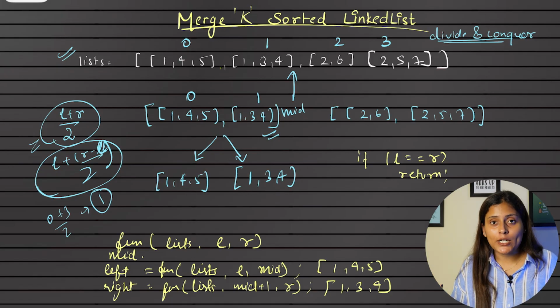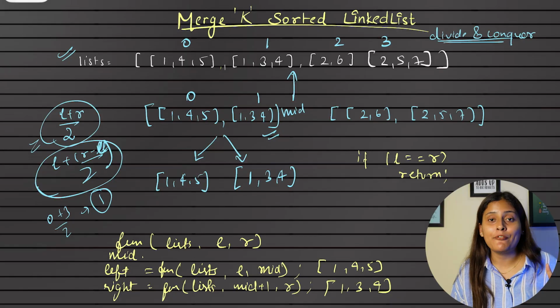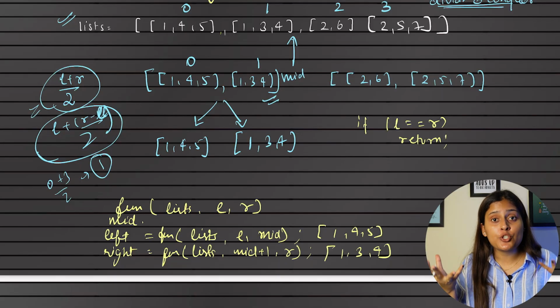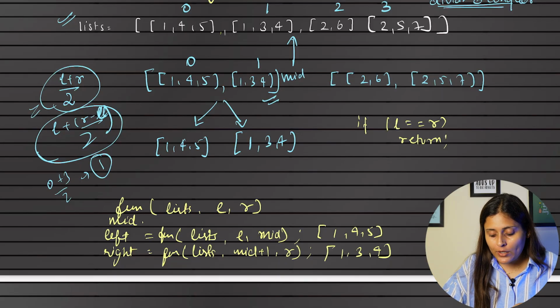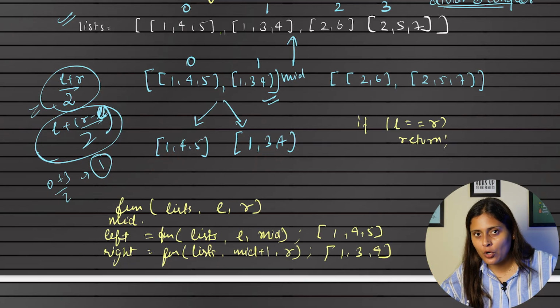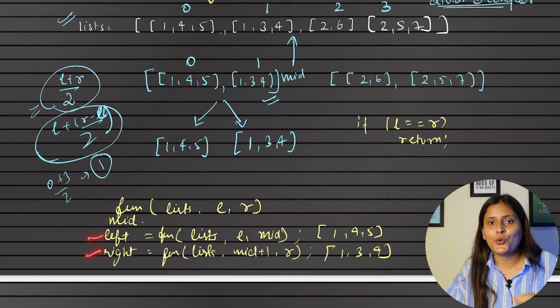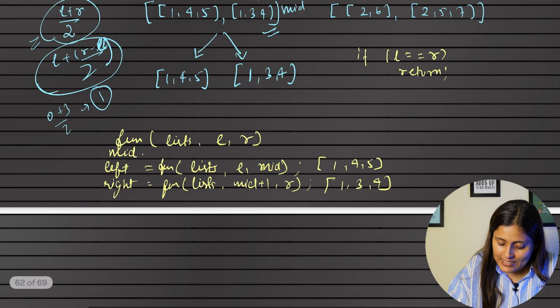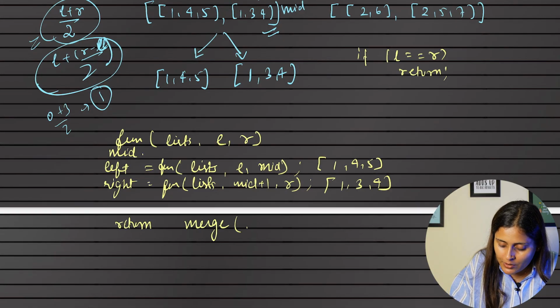So if both are sorted, we have already discussed a problem where we learned how to merge two sorted lists. So here also can I say I have two sorted lists at the very bottom of the function calls, left and right. So what to do? Can I say after this let's call a merge function, and in that merge let's send left and right.